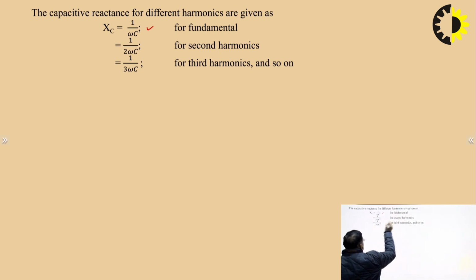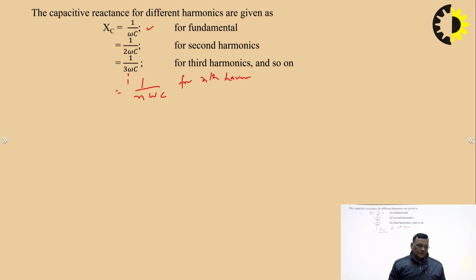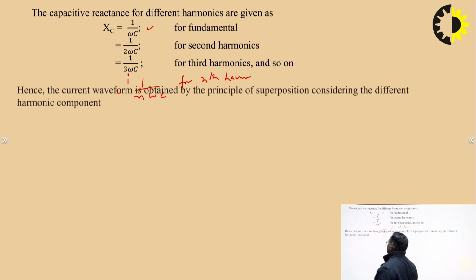For the second harmonic, third harmonic, and for the nth harmonic it will be n omega C. So capacitive reactance is also dependent upon the frequency. We have seen that in the case of the purely resistive circuit, R is independent of frequency, but inductors are changing with the frequency, and at the same time the capacitor is also changing.